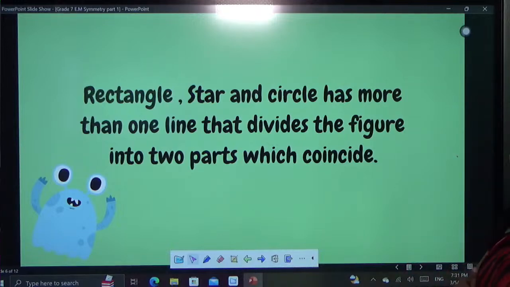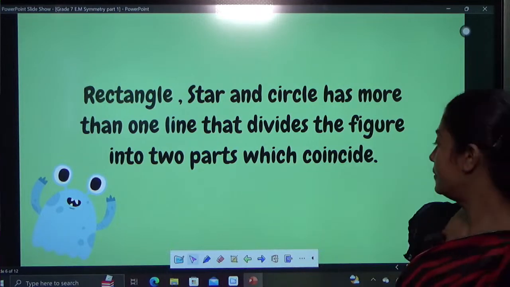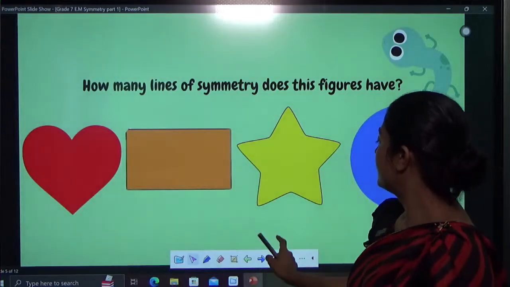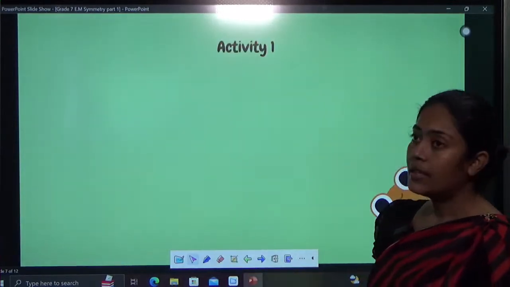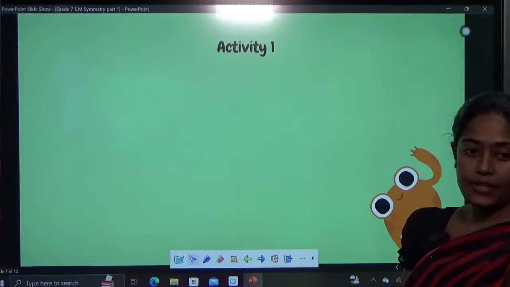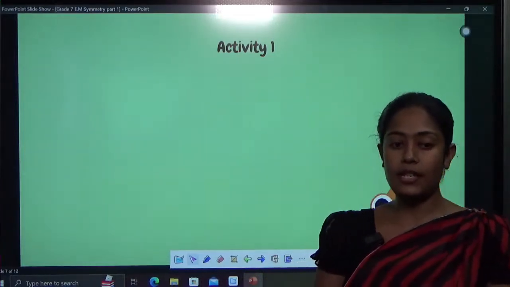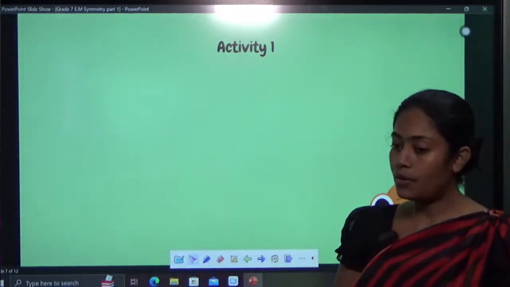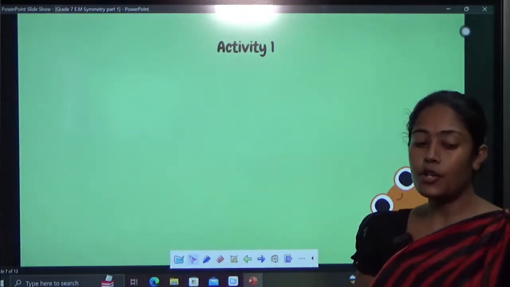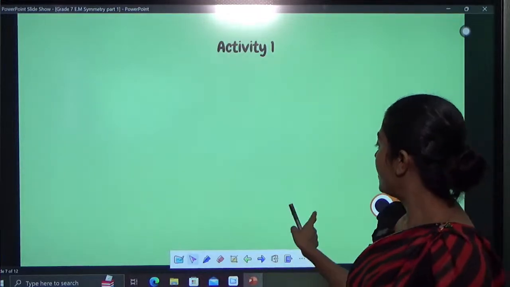Right? Then shall we move to the next part? Here there is an activity for you. Activity number 1. So you have to note down this one in your book and you have to paste the things we are doing in your book. Right?